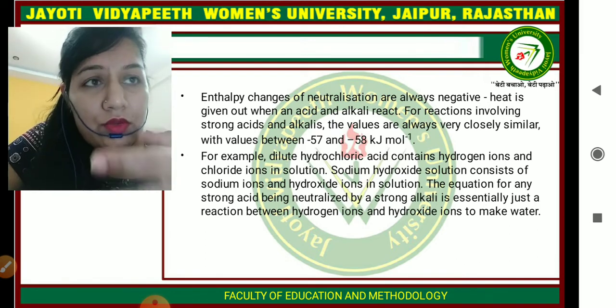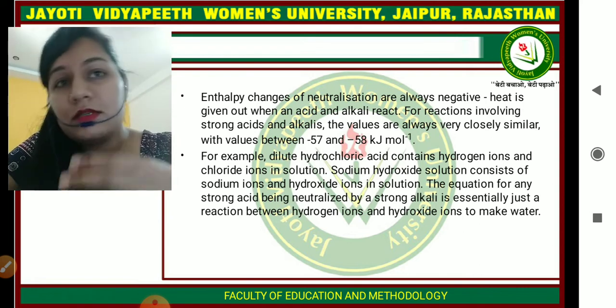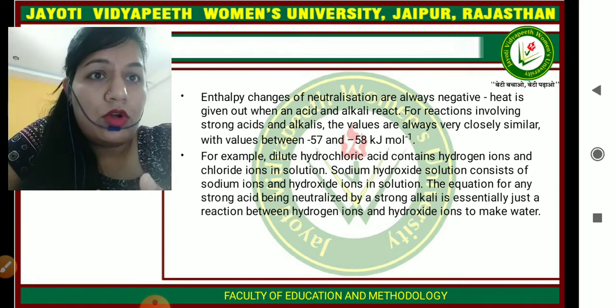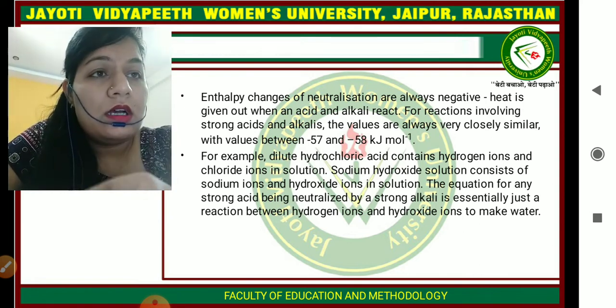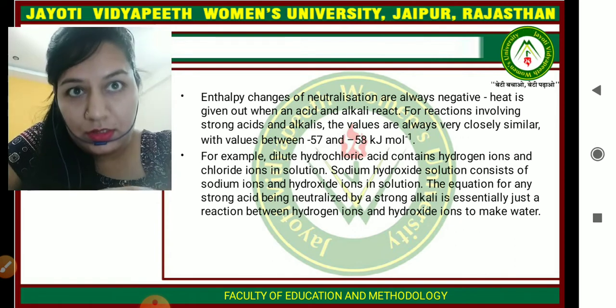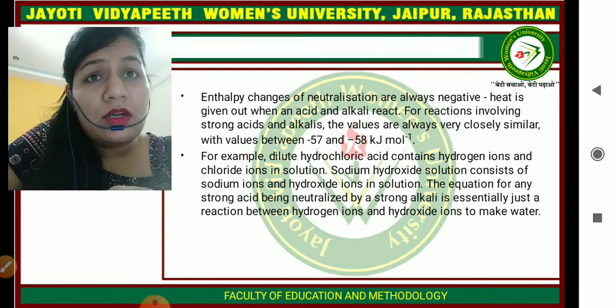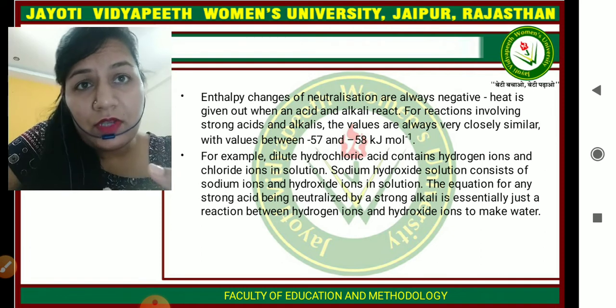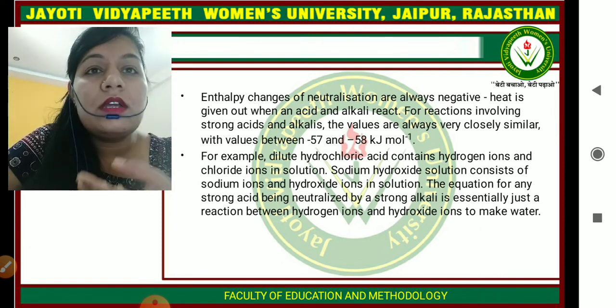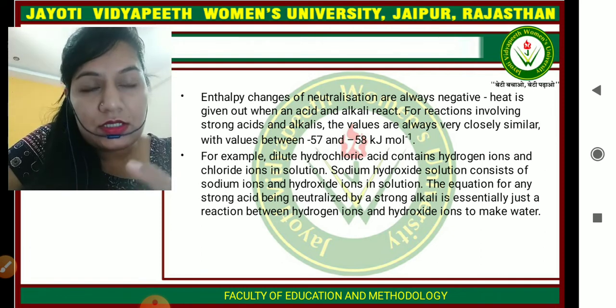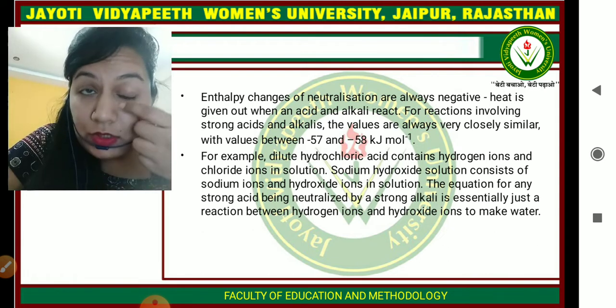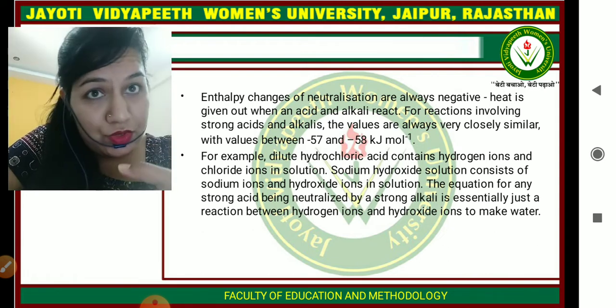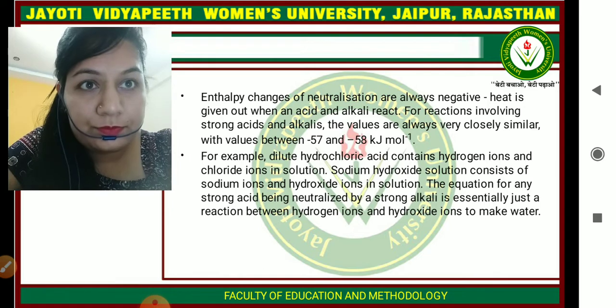If we take acid and base in an open vessel, they neutralize each other. H plus ions are neutralized by the OH minus ions, and then some energy is released. This energy is in a negative form. So this energy is called the neutralization energy or heat of neutralization.